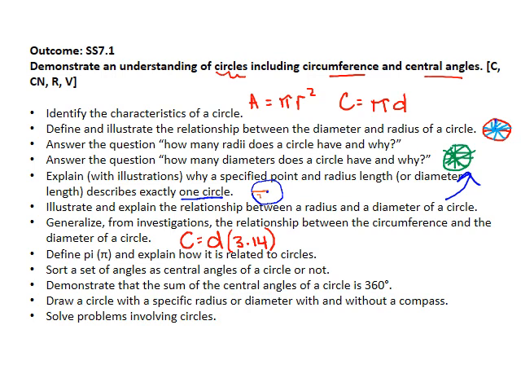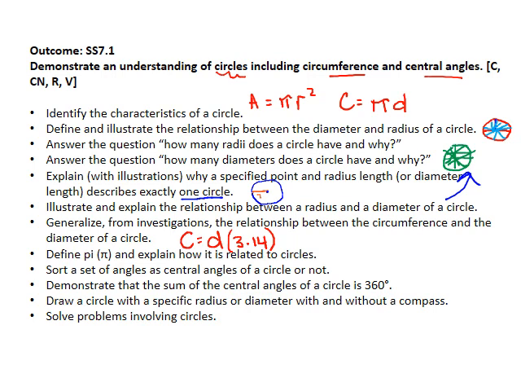And so you can estimate problems with circles by just using 3 as your pi. And so if we took the diameter and times it by 3, that would give you a rough estimate as to the whole perimeter of the circle, the circumference. Define pi, explain how it is related to circles. So we have some interesting history coming up regarding pi.